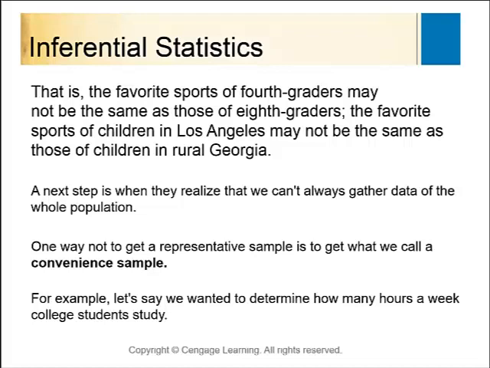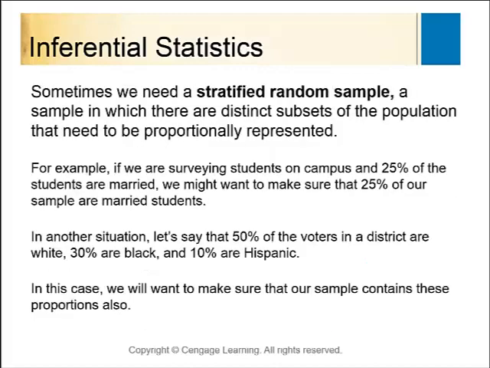If you ask 4th graders in the North, they may favor hockey over some fair weather sports such as water skiing. So it just depends, and you would have to be sure to collect a sample of data that was representative. Once again, talking about pulling your data from a good sample of something that represents what it is that you're trying to show.